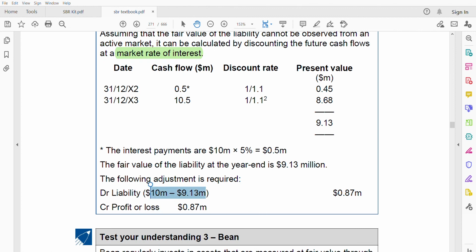Your total liability was 10 million, and out of that you deduct 9.13, because only in the current year you have to record it. So in the current year, debit liability by 0.87, the difference. Credit profit and loss account by the same amount, 0.87.